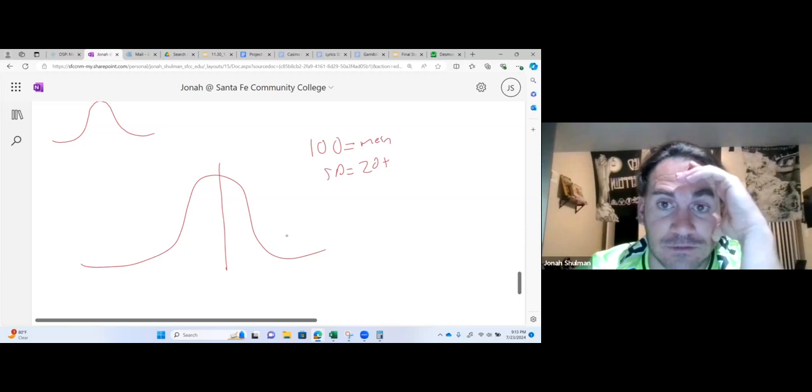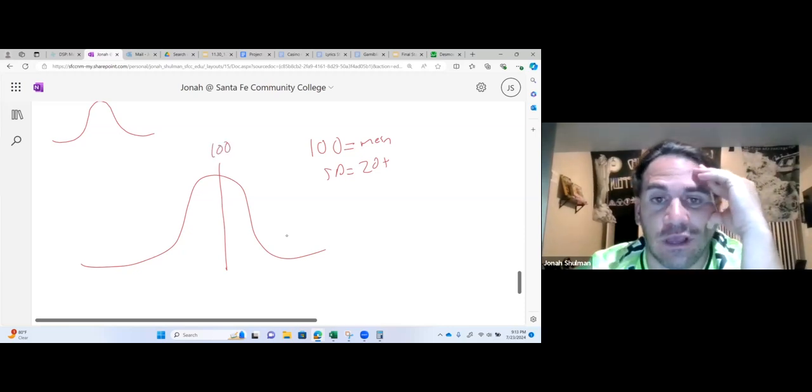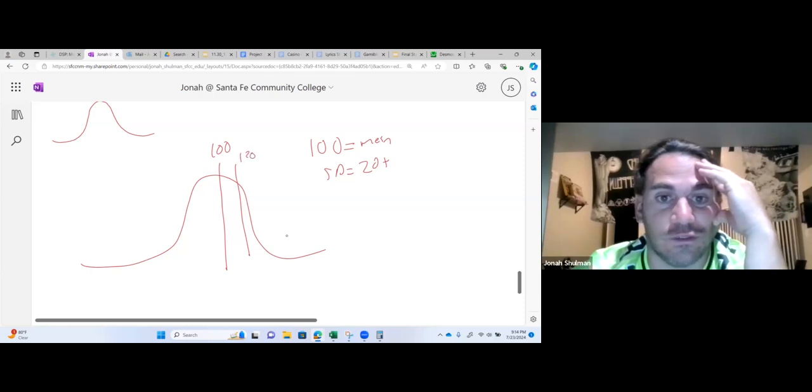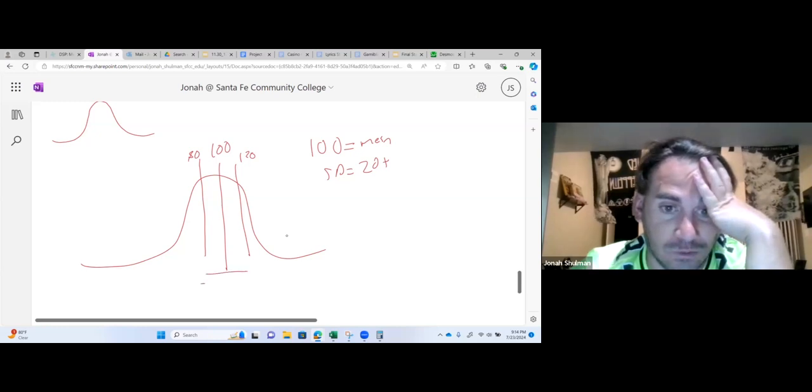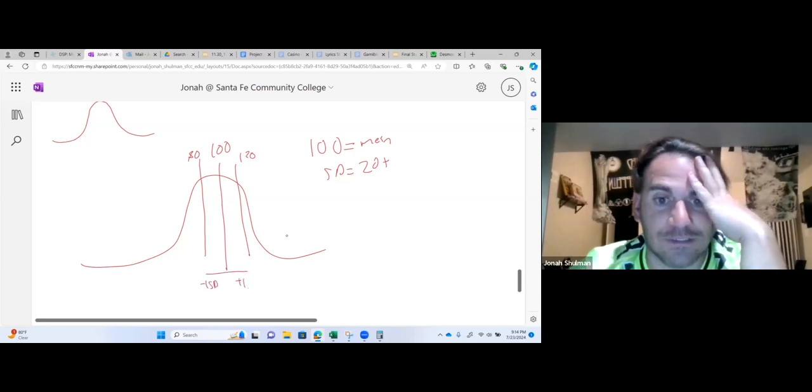If I go one standard deviation over, that's 120, and the other way it's 80. So this is minus 1 SD, plus 1 SD.